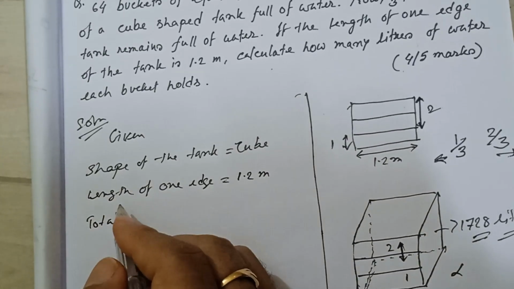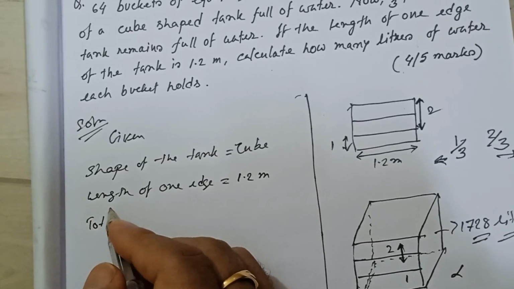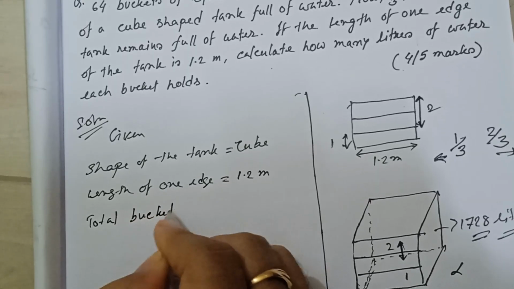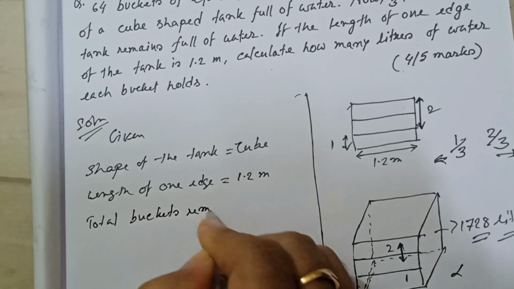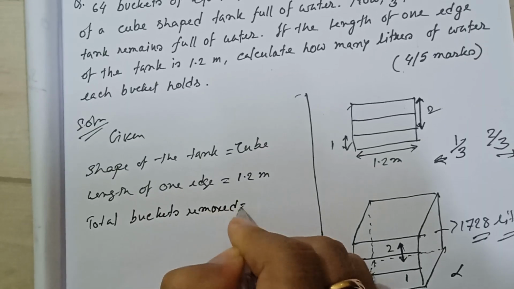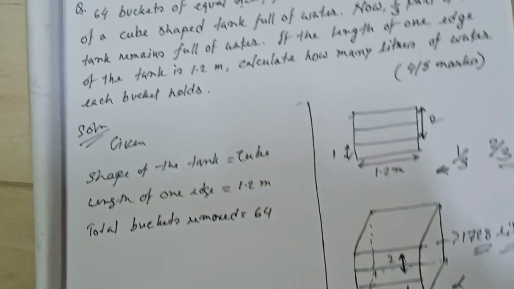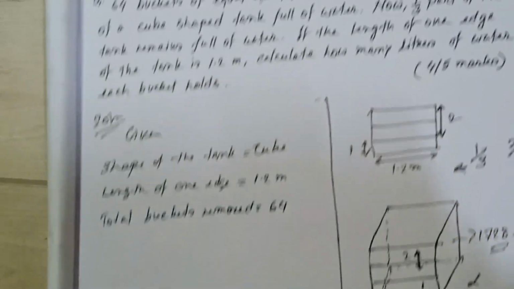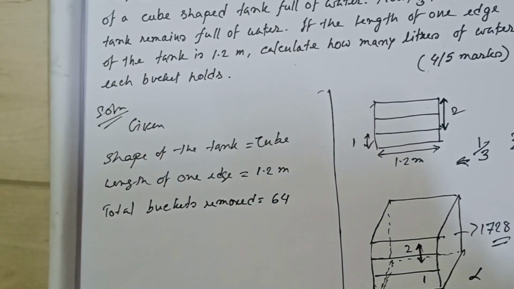Total buckets removed is 64. 64 buckets of water.